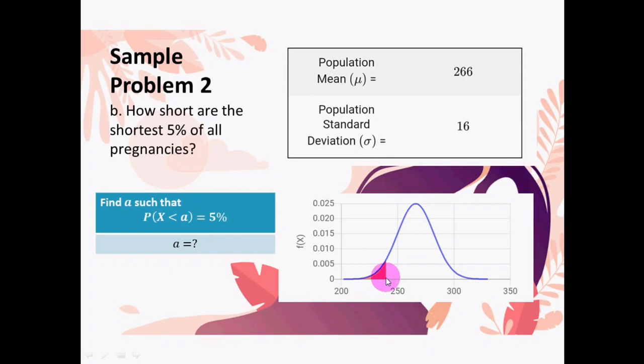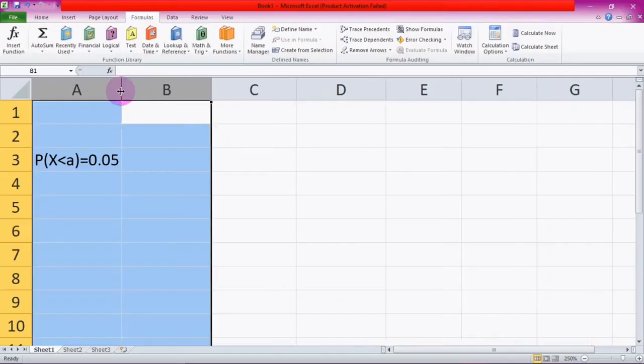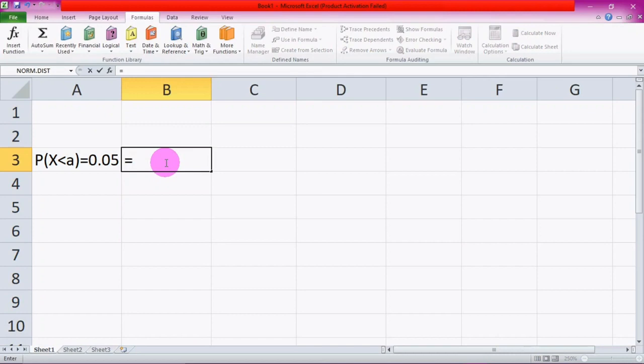So now we can use Microsoft Excel to compute for this value. We are going to use the inverse. The formula is equals norm dot inverse. So ang probability is 0.05. The mean of the distribution is 266 days. And the standard deviation is 16 days.